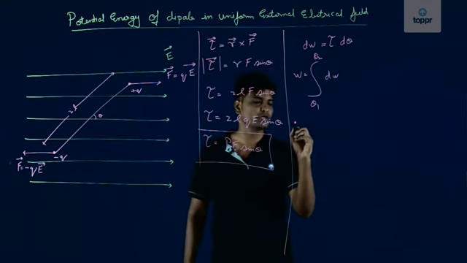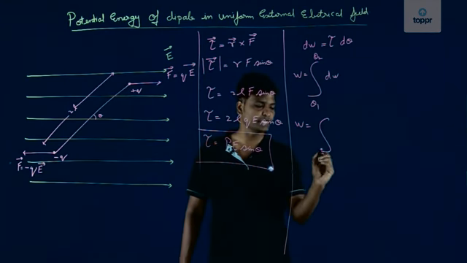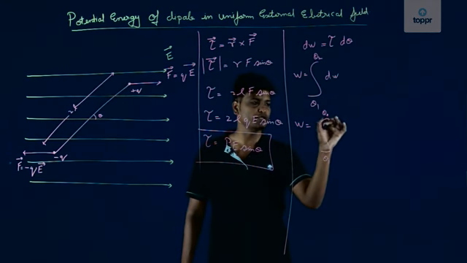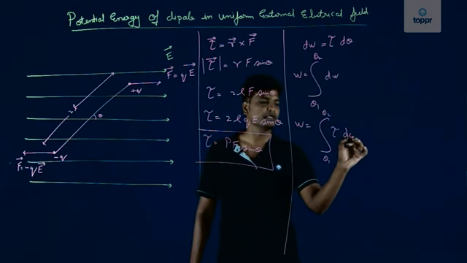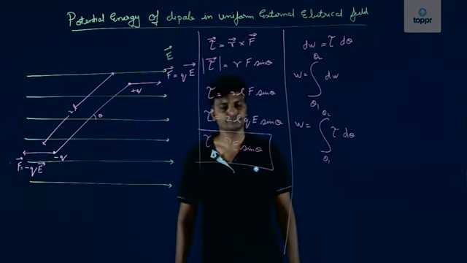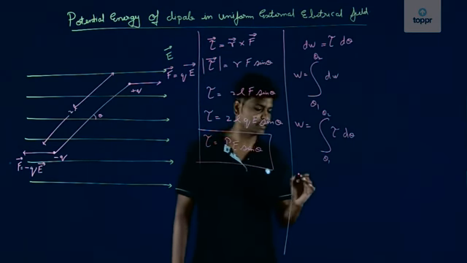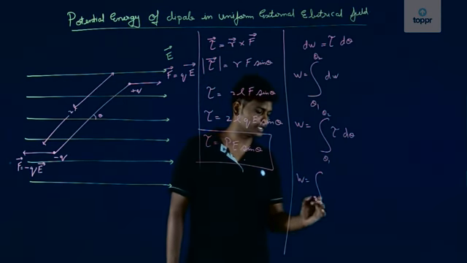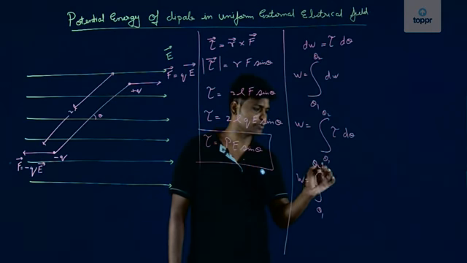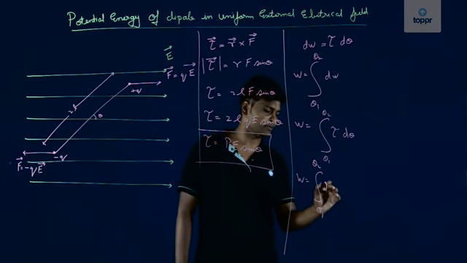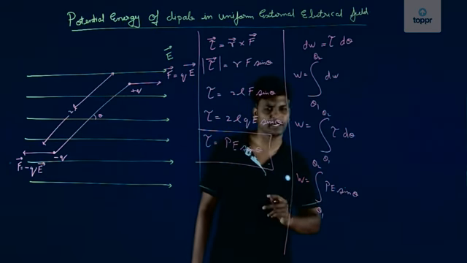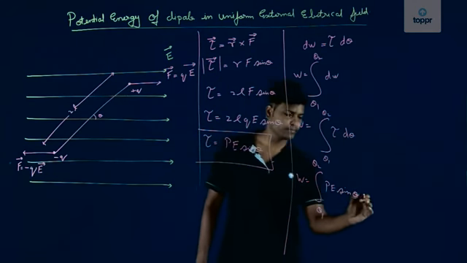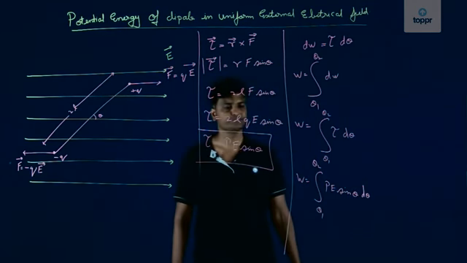So the total work done W is equal to integration from θ1 to θ2. What is dW? It is tau d theta, right? So W is equal to integration of θ1, θ2. What is tau? Tau is given by P E sine theta, right? Okay, into d theta.